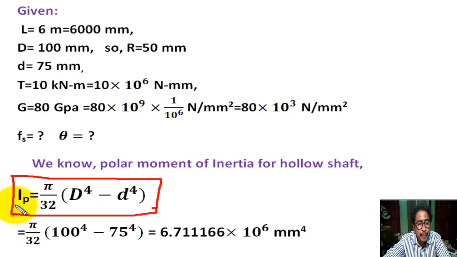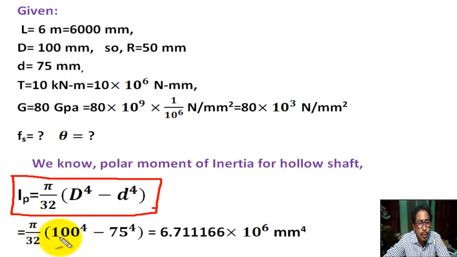Ip equal to polar moment of inertia in millimeter to the power 4. Capital D, outer diameter of hollow shaft. Small d equal to inner dia of the hollow shaft. Here capital D equal to 100 millimeter, small d equal to 75 millimeter.